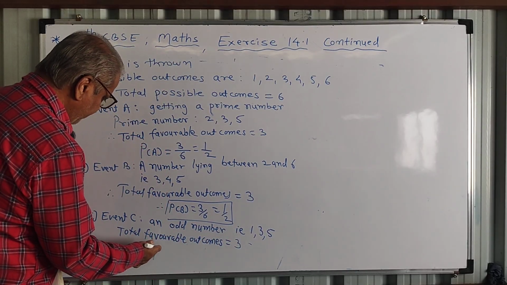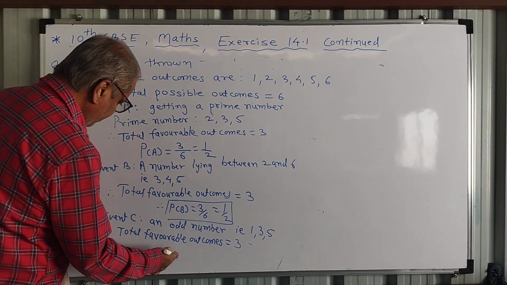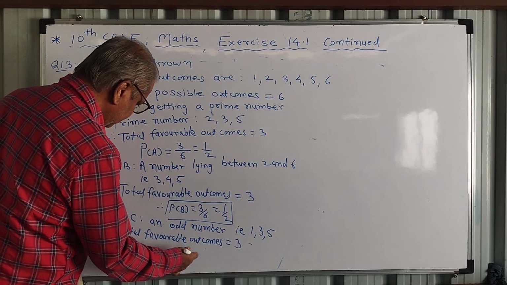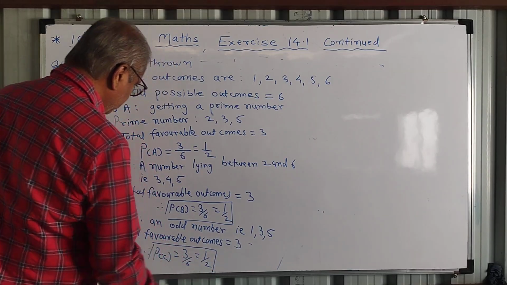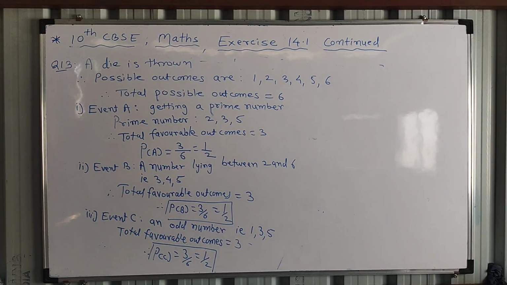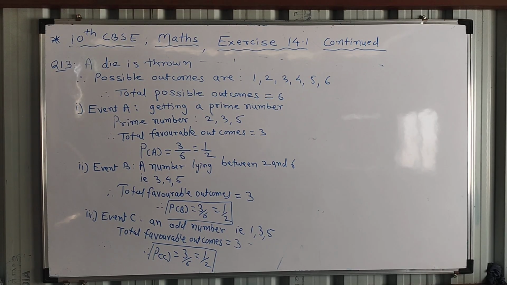So probability of event C is again 3 upon 6, which is equal to 1 upon 2. So here ends question number 13.